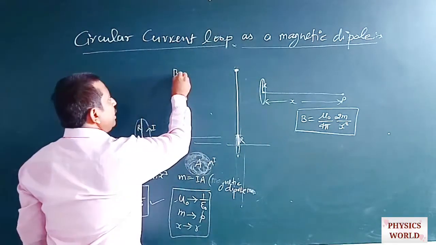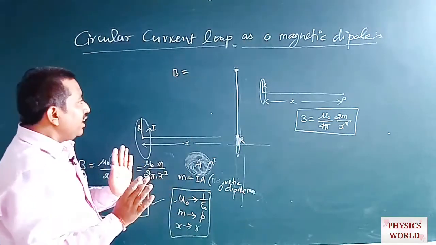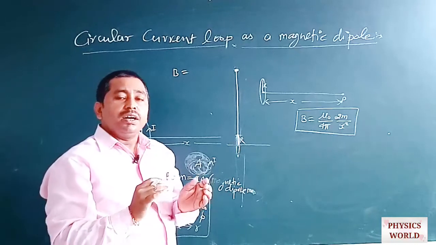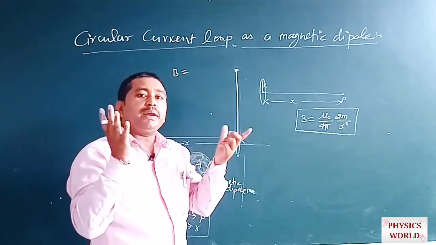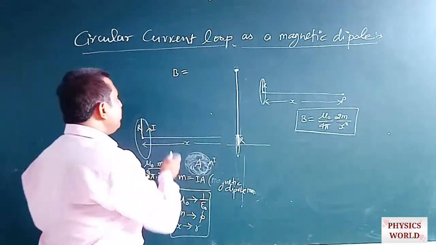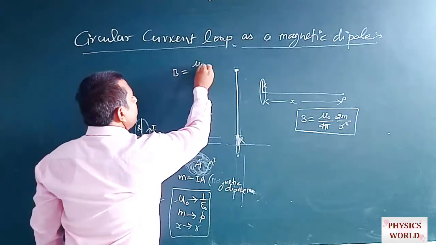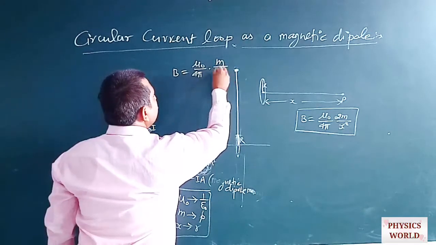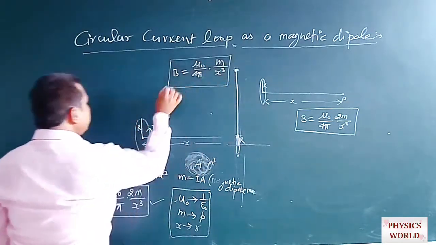This will be equal to, as the electric field intensity due to an electric dipole at an equatorial plane point, mu 0 by 4 pi times m by x cube.